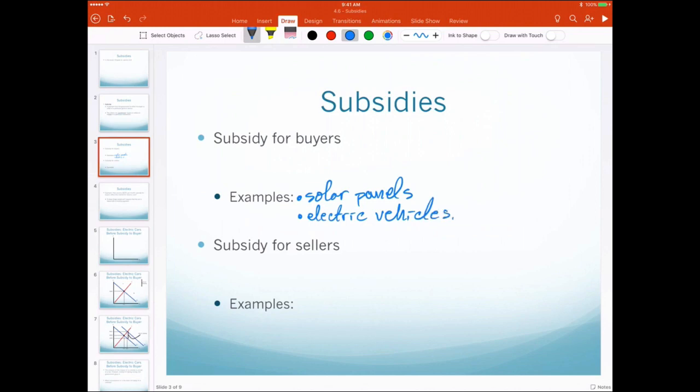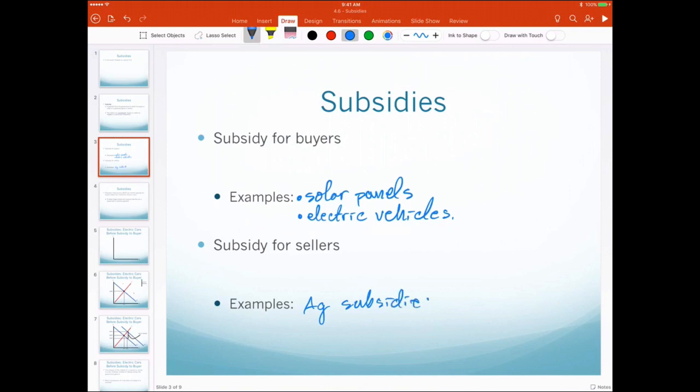In Georgia and California, if you buy or lease an electric vehicle, you get subsidies. Sometimes it's in the form of tax breaks, but essentially it's the government giving you money for buying electric vehicles.